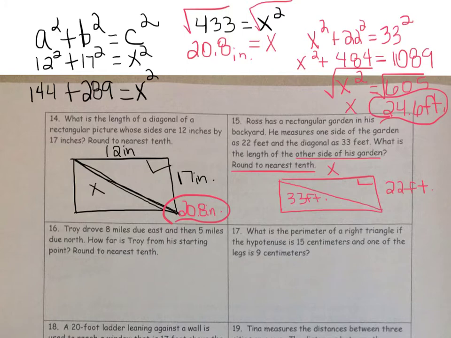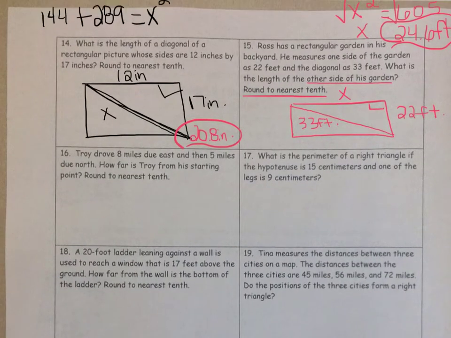All right, let's look at number 16. Number 16 says Troy drives 8 miles due east and then 5 miles due north. How far is Troy from his starting point?